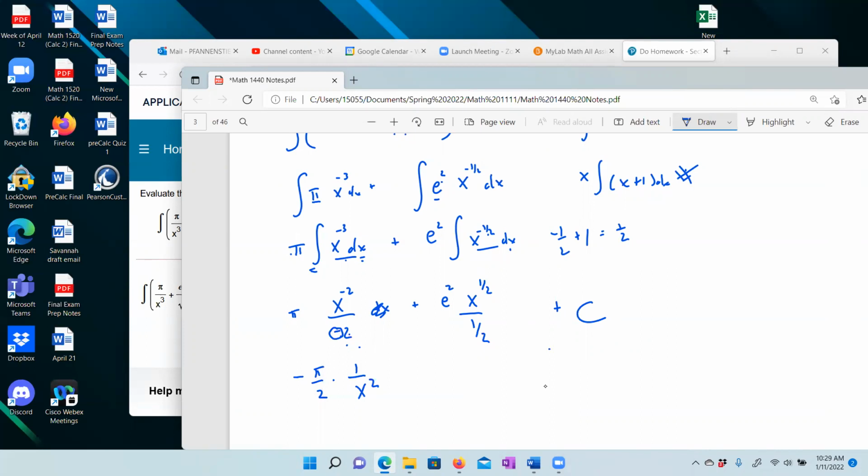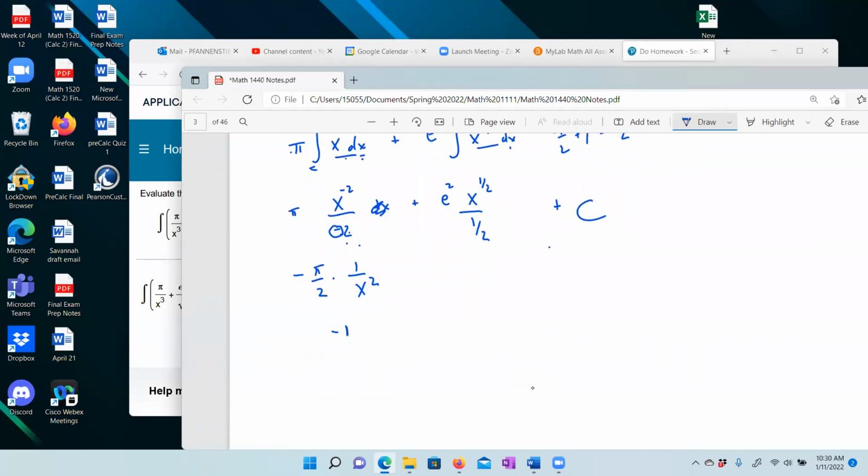I usually like to put the constants in front, somewhere other than the x, and we'll make this a positive exponent again. But if you wanted to say that this was negative pi over 2x squared, this is perfectly right. There are a lot of ways to display it.